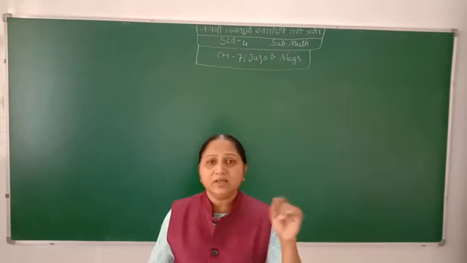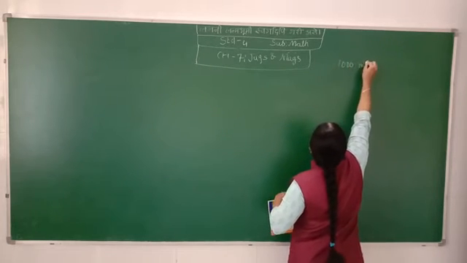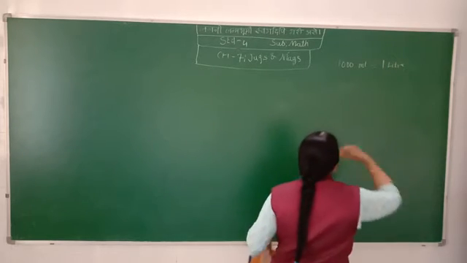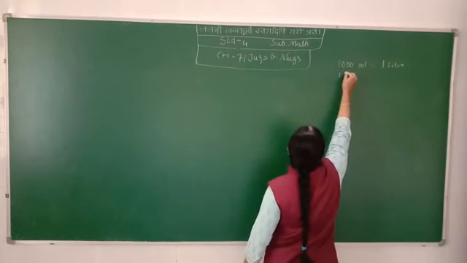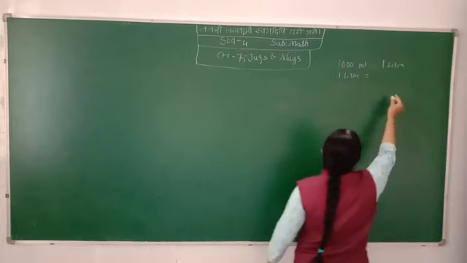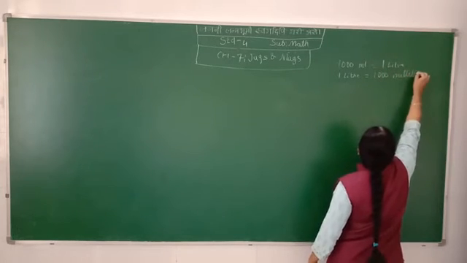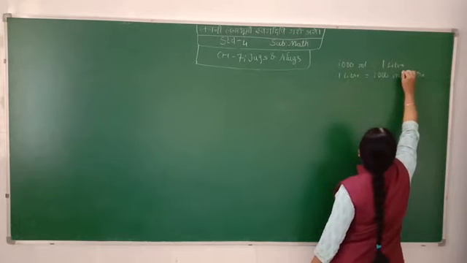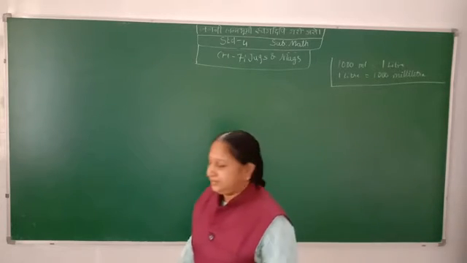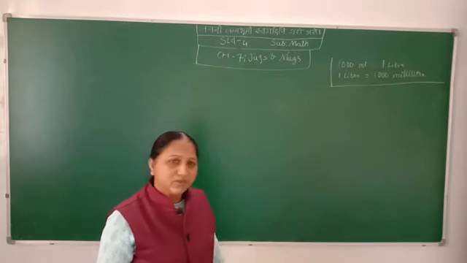So 1000 milliliter equals 1 liter, and in the opposite way, 1 liter equals 1000 milliliter. This is our basic unit.